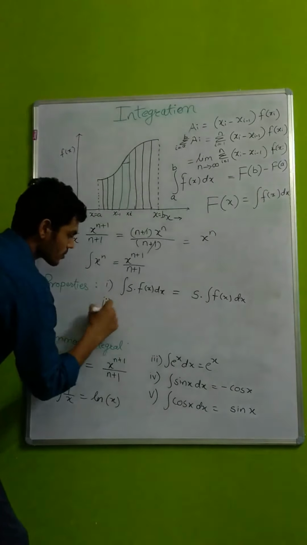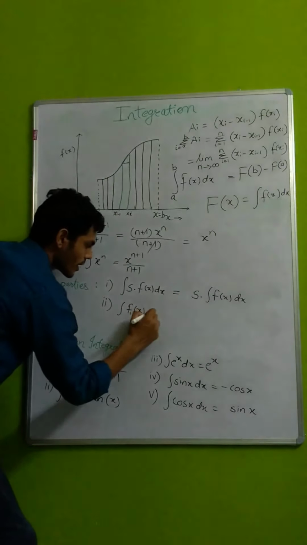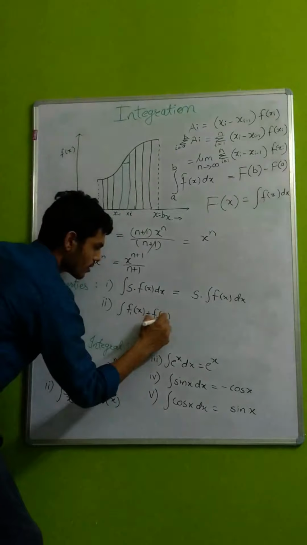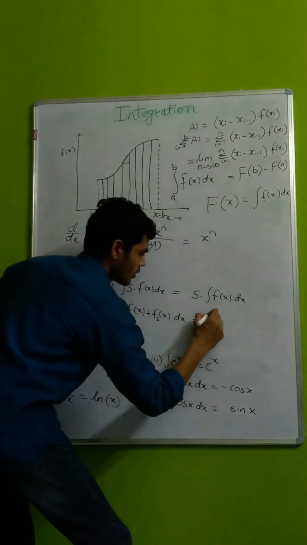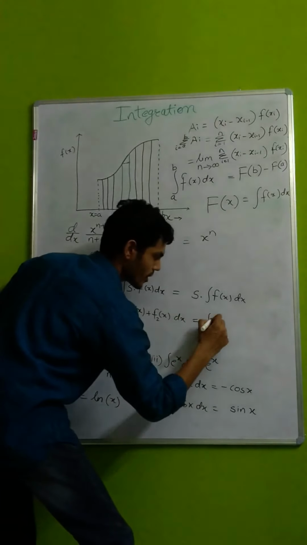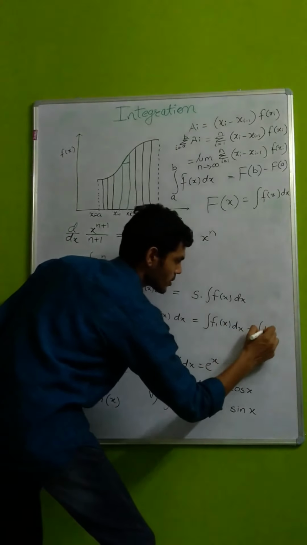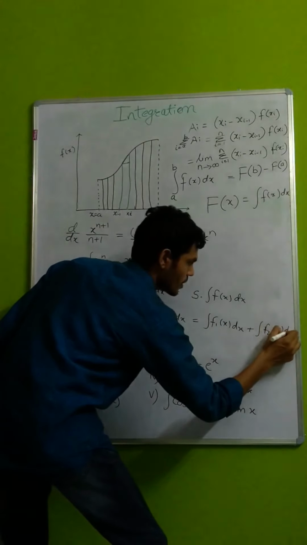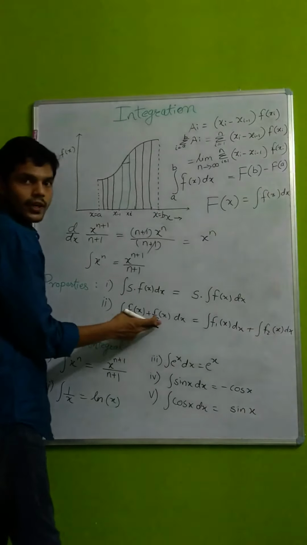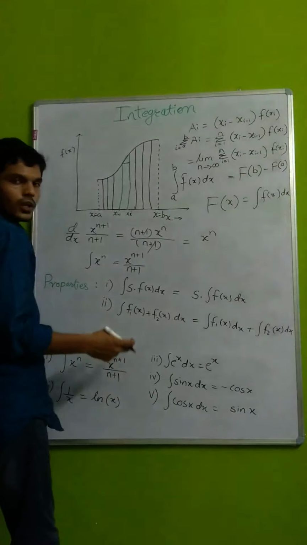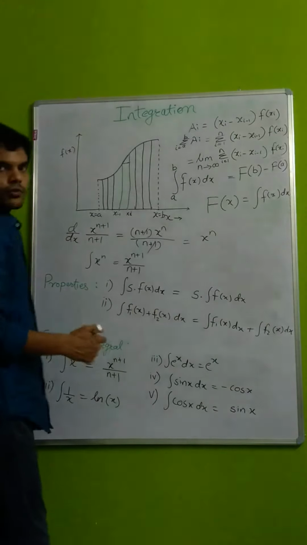And second property is, just like in differentiation, when two functions are added and then integrated with respect to same variable, we can separate this as integration of f1(x) plus integration of f2(x) dx. It was seen in differentiation, when two functions were added and differentiated with respect to same variable, we can separately differentiate them and add them. So these are the properties of integration.